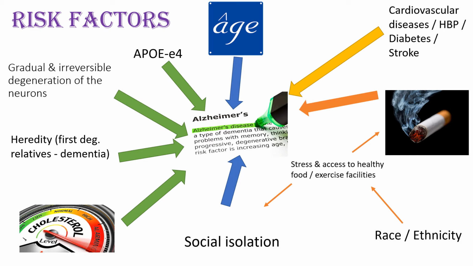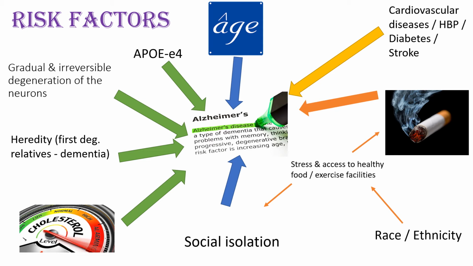And researchers have also confirmed that certain physical comorbidities like cardiovascular diseases, hypertension or high blood pressure, diabetes and stroke can also increase a person's risk for Alzheimer's disease.